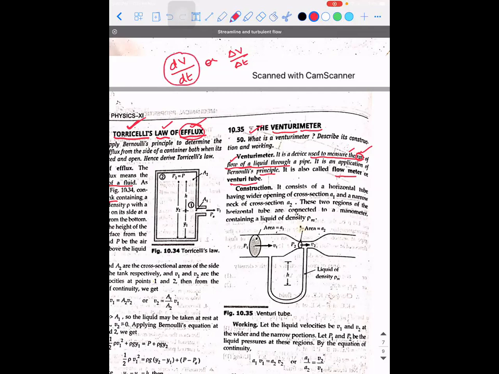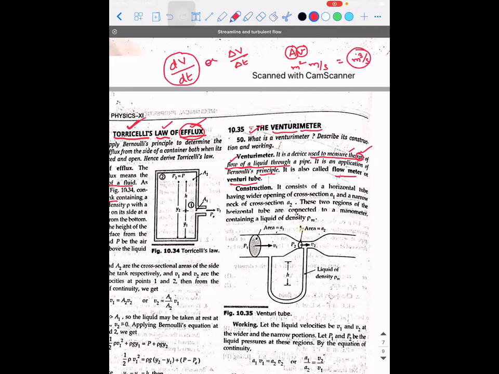But I have to tell you one more important point on this. What is area into velocity? Area into velocity is always a constant for an ideal liquid. Area is measured in meter square, speed is measured in meter per second, so you get meter cube per second.